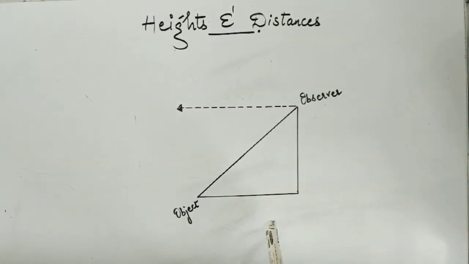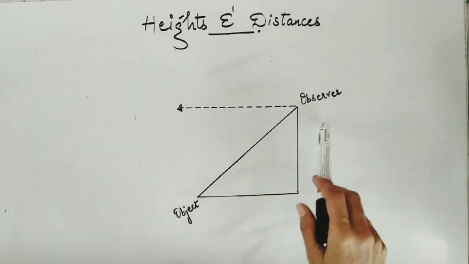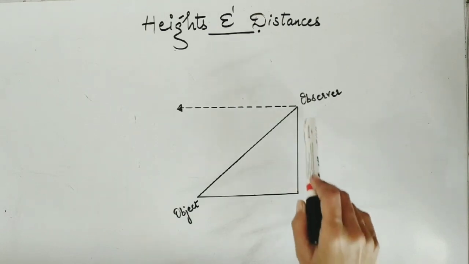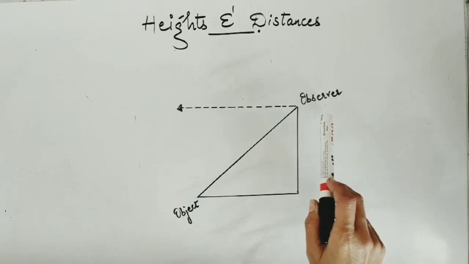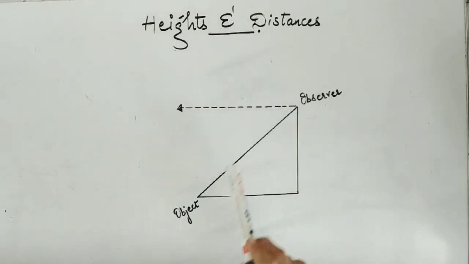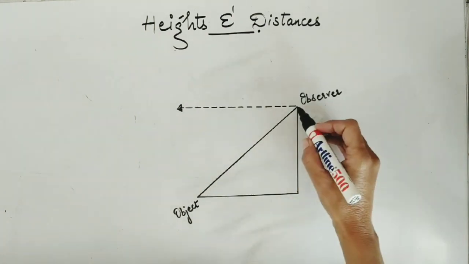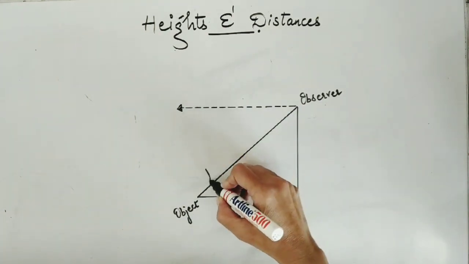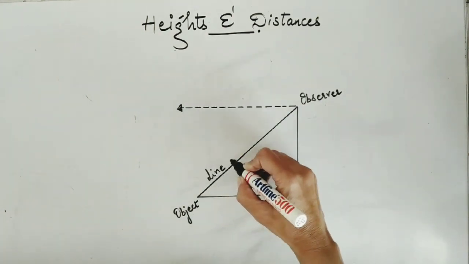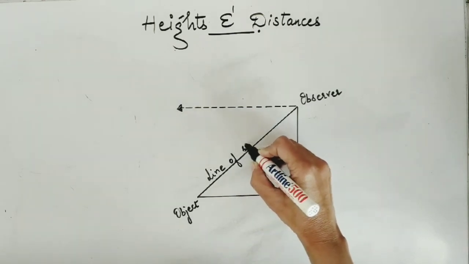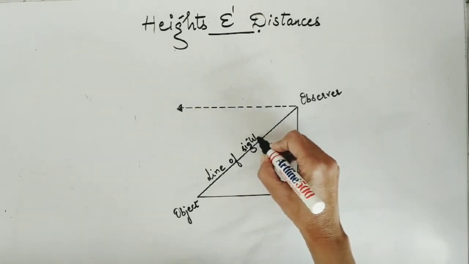Now look at this one. The object has come on the ground. The observer is on the top somewhere at a certain height. If the observer is viewing this object, definitely the line which connects the eye of the observer to the object is the line of sight.